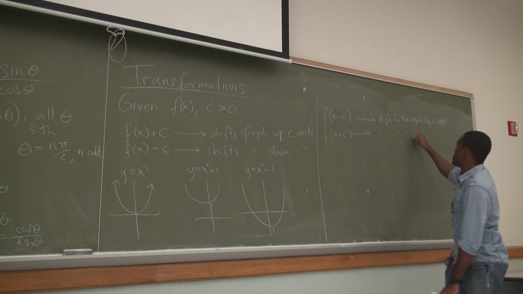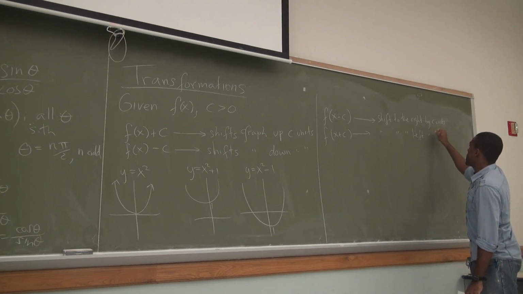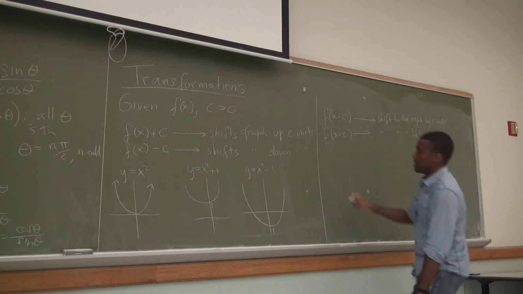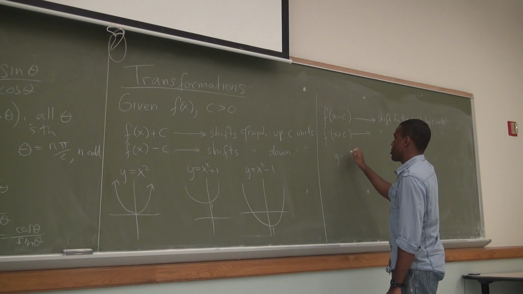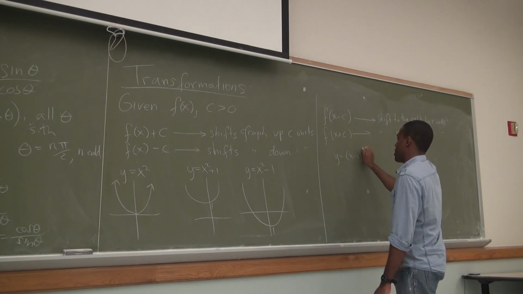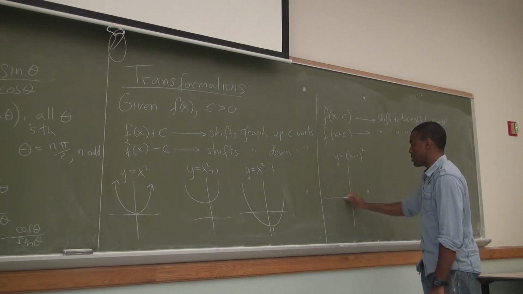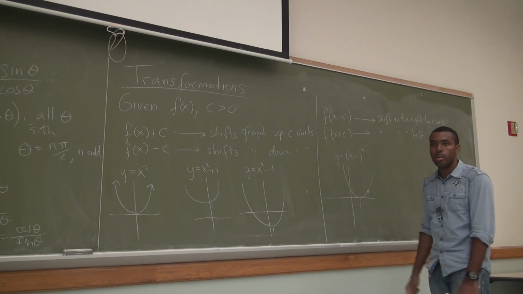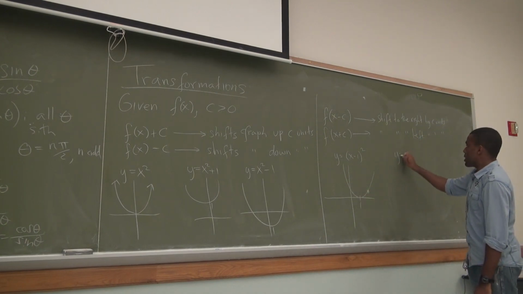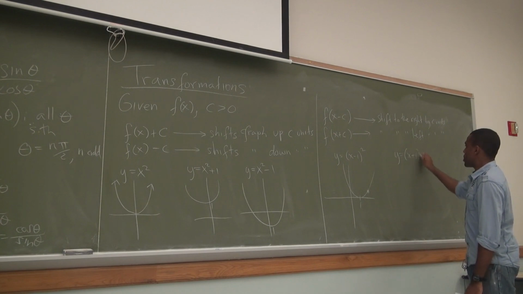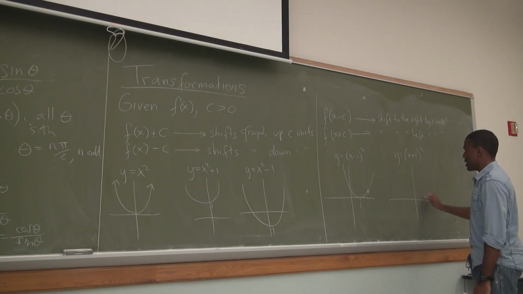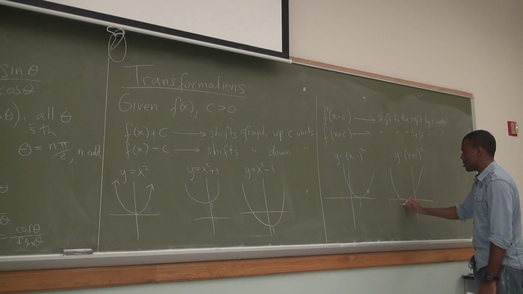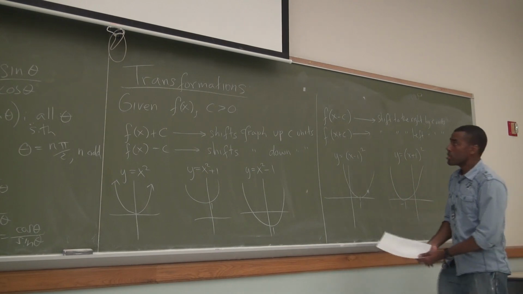Shift to the left by c units. So again, if I have y equals x minus 1 all squared, I don't expect you to plot points, I just expect you to know that just shifts the guy to the right. So now this is at 1. Y equals x plus 1 squared, well that just shifts the guy to the left, to minus 1.